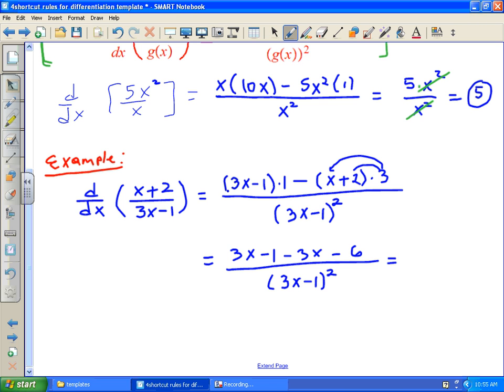As you can see, the 3x's are canceling, right? And we're left with negative 7 over quantity 3x minus 1 squared.